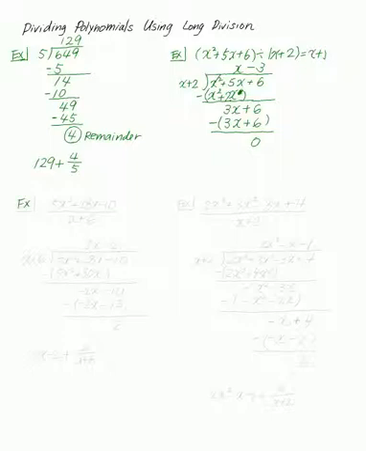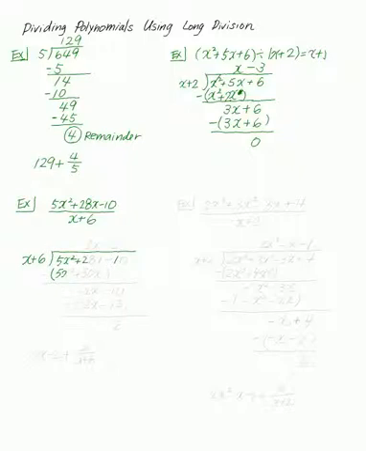For our next example, I'm going to take 5x squared plus 28x minus 10 all over x plus 6. Now when I write this, again, the x plus 6 goes on the outside.